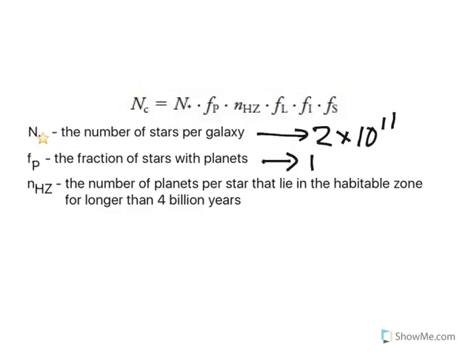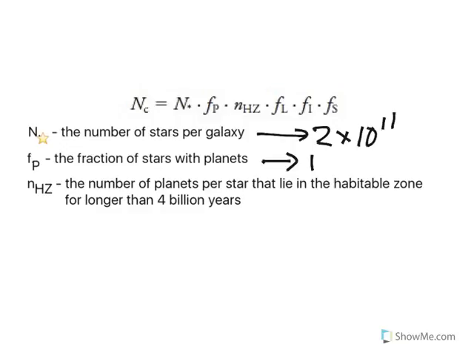So instead of thinking of the number of planets per star that lie in the habitable zone, let's think about this. We want to find out what is the fraction of the planets that have water on them. You have these planets going around their stars, and all these stars are in the Milky Way galaxy. What fraction of those planets have water on them? And the star has to be longer than 4 billion years old. What's that fraction?